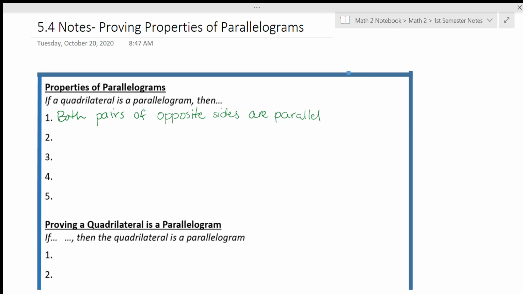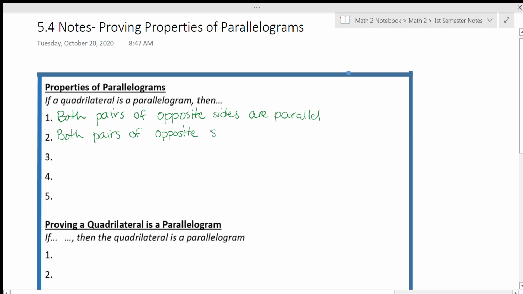Okay, but we have both pairs of opposite sides are parallel. We have both pairs of opposite sides are congruent. Both pairs of opposite angles are congruent.